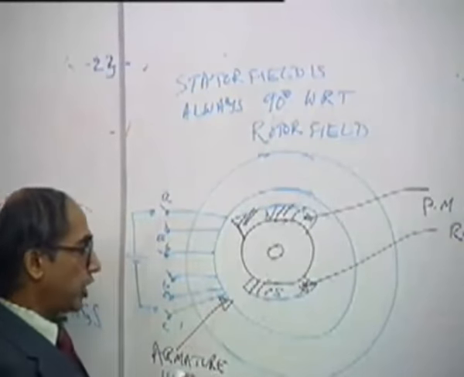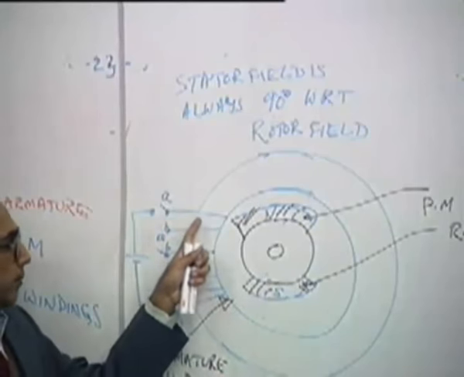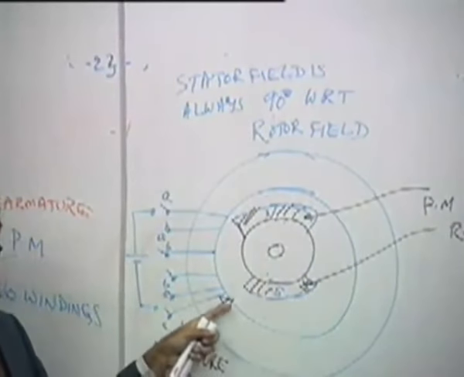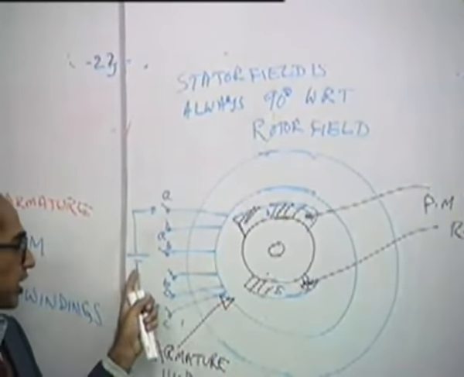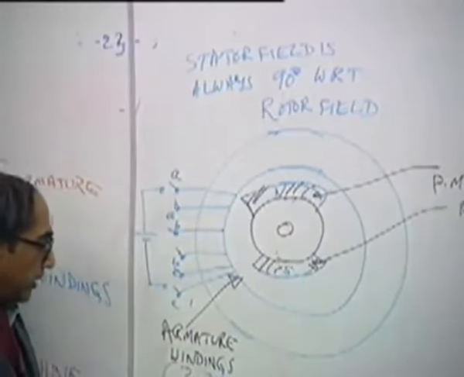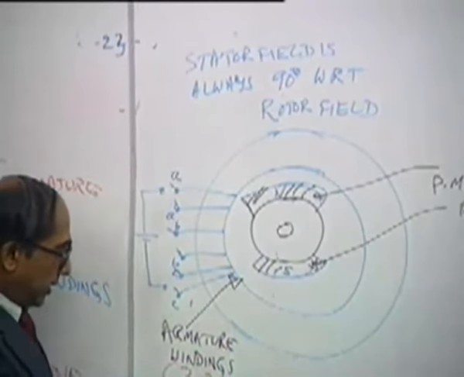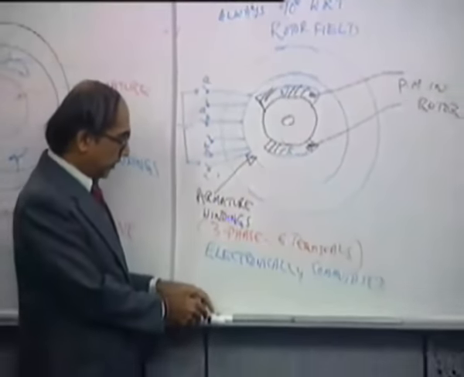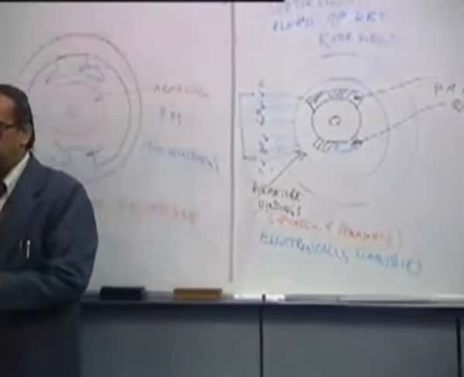So you sense the position of the rotor and put currents into the stator at appropriate instants from the DC source, such that all the time the rotor field is at quadrature with the stator field. Okay, this is a permanent magnet excitation.